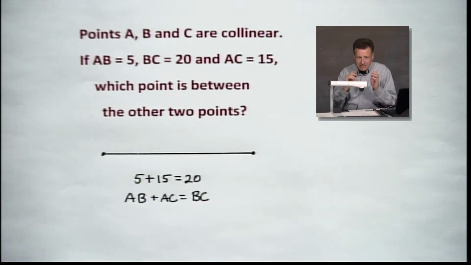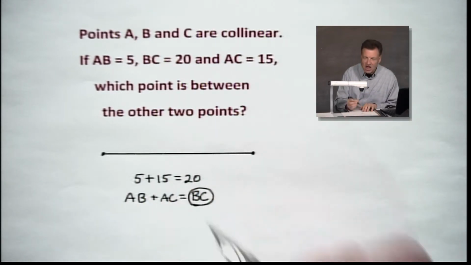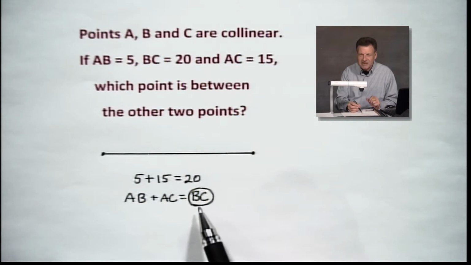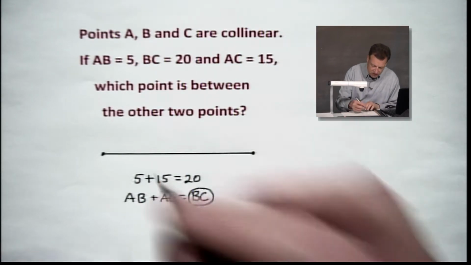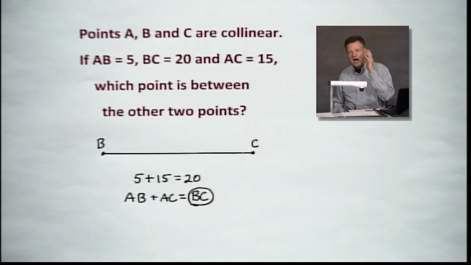This problem of the day looks intimidating at first, but once you see how it works, it is very, very easy. This tells me right off the bat this is my longest piece. In other words, these 2 smaller segments are going to add up to give me the longest one. So this is my B, and there's my C right there. Already, the answer is real simple.